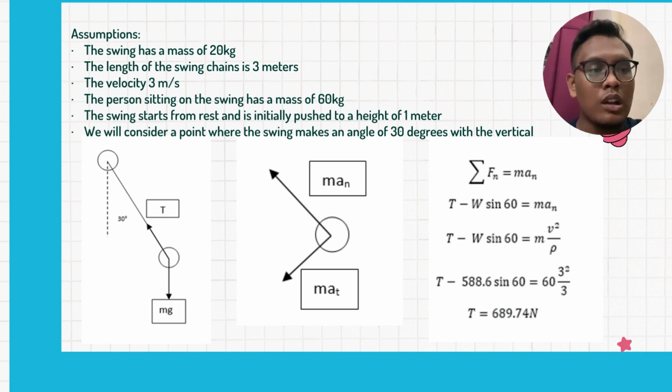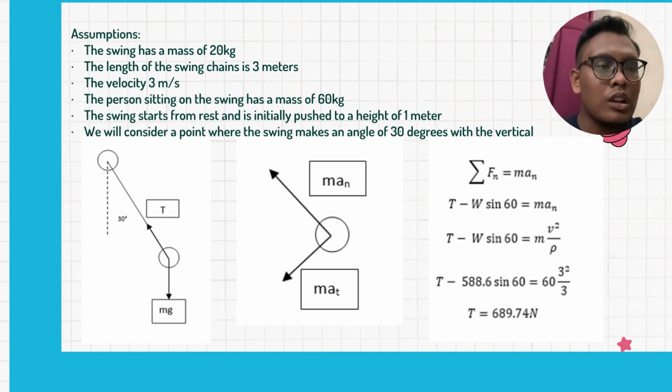When we draw the free body diagram, we find the kinetic diagram. So from the kinetic diagram, we can get the equation total Fn equals m a_n. We use Newton's second law. That is how we get the equation Fn equals m a_n.